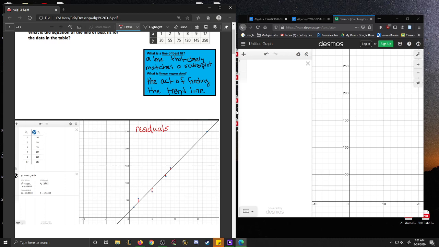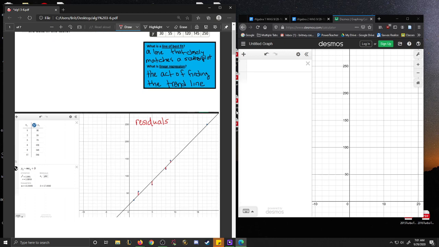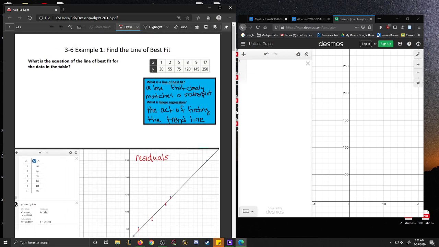The residual is just the distance from the actual value to this trend line, which is the estimated value. A computer system will look at all those residuals and figure out which line has the smallest residuals.